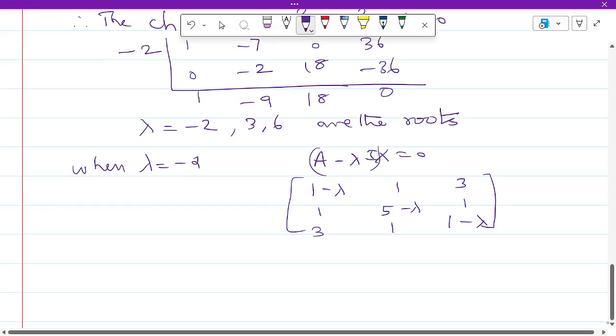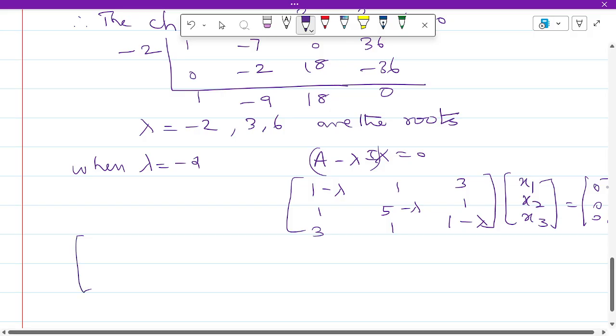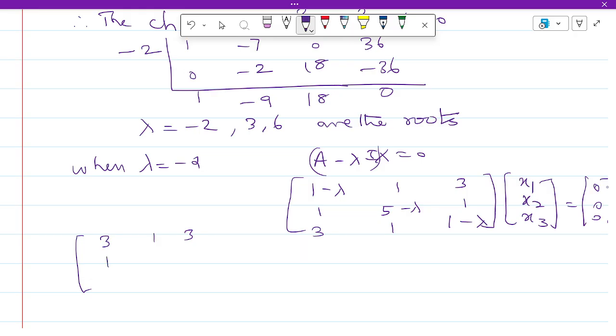Then you multiply with x1 x2 x3 equal to 0 0 0. So when lambda equal to minus 2 you will get 3 1 3, then 1 7 1, and then 3 1 3.